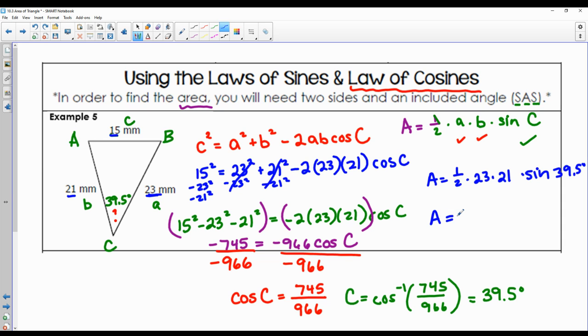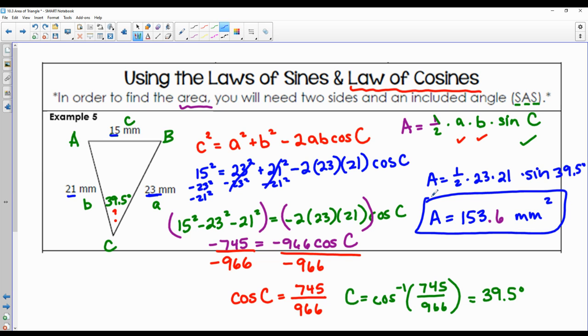Let's plug that into our calculator: 0.5 times 23 times 21 times the sine of 39.5 is equal to 153.6, and those are going to be millimeters squared.